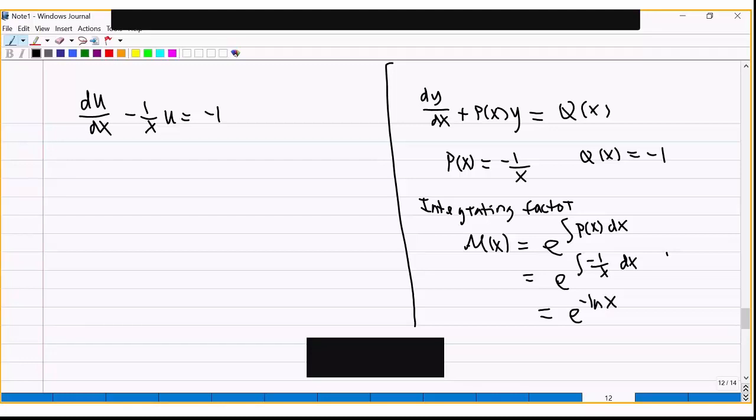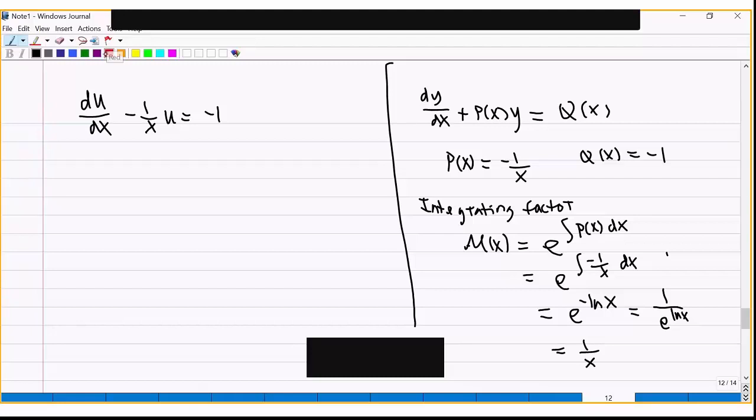A negative power basically means upside down. So e power minus ln x is 1 over e power ln x, and e power ln x simplifies to x.